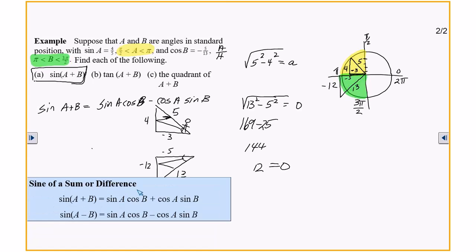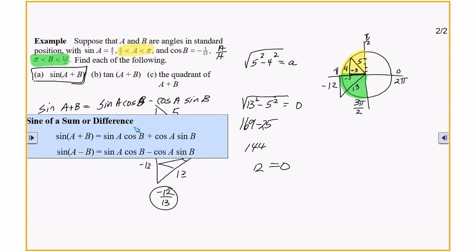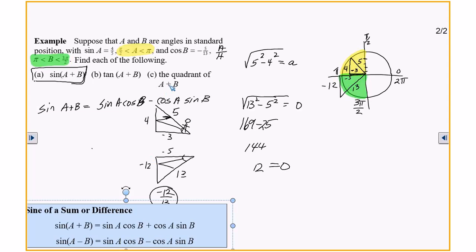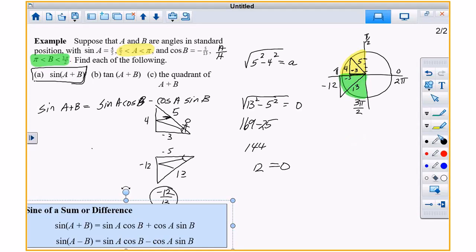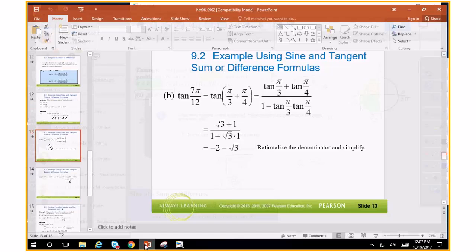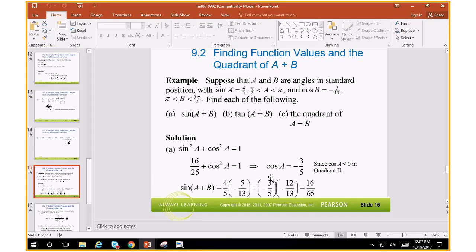So sine of A plus B is equal to the sine cosine plus, it should be plus, I'm sorry, cosine sine. So put a plus there. We should be able to use the Pythagorean identity here. Let's see if that's what they did, because that's what I would do. Yep, that's what they did.